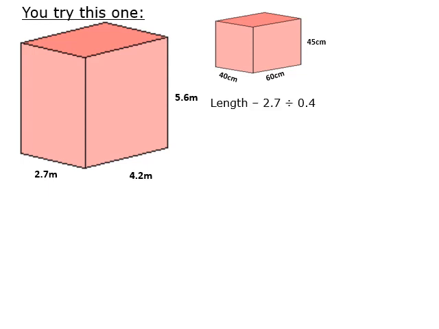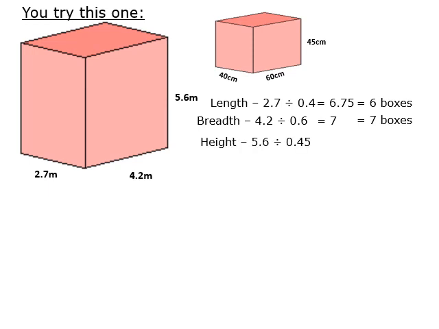Okay, so we do the 2.7 divided by the 0.4, so we get 6.75, so that's 6 boxes. On the breadth, we get 4.2 divided by 0.6, that gives us 7 boxes. And the height, 5.6 divided by 0.45, which gives us 12 boxes. Multiply those three together, you get 504 boxes.